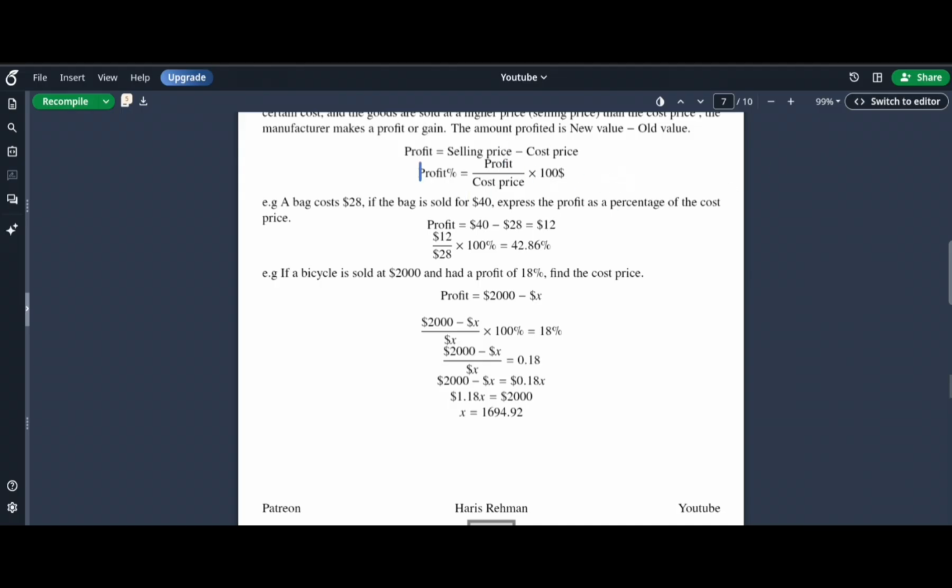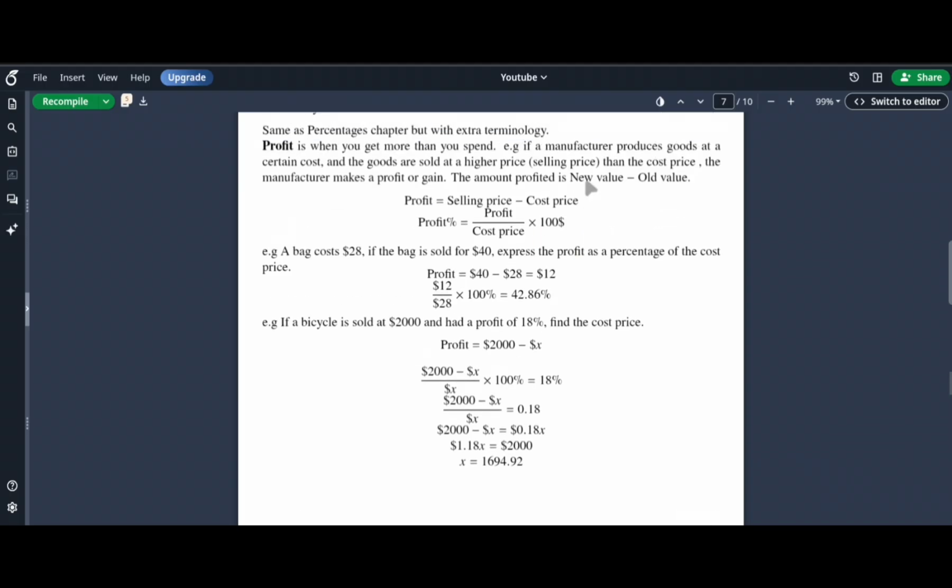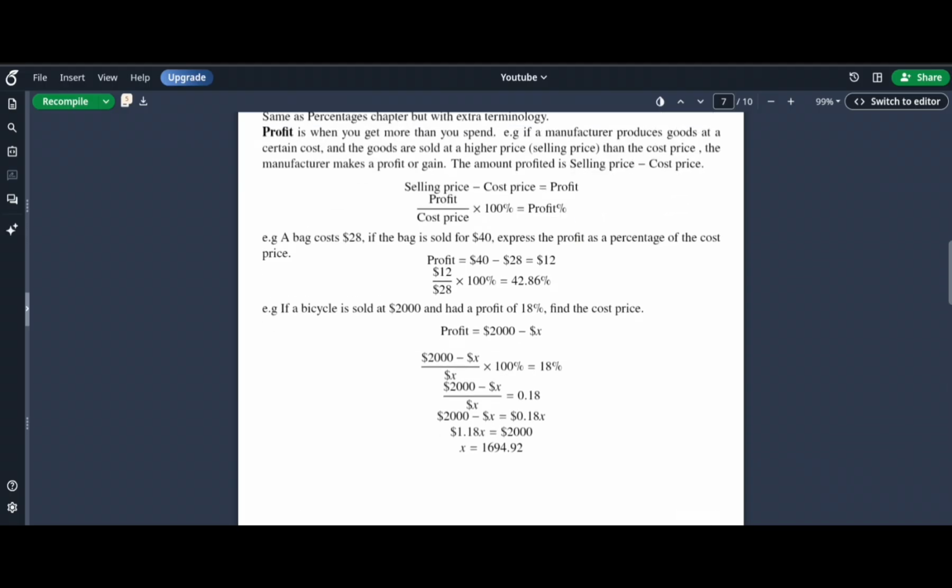Profit over cost price times 100%. Okay, let's see. And now, as I told you before, 100% means 1 and so on. Rewind the video if you do not know what this means.